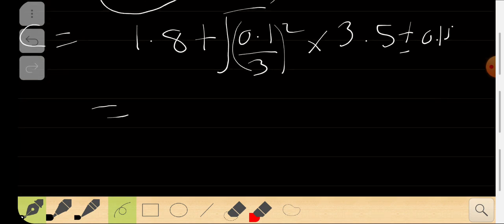You have to do it again, because you have a multiplication factor here.